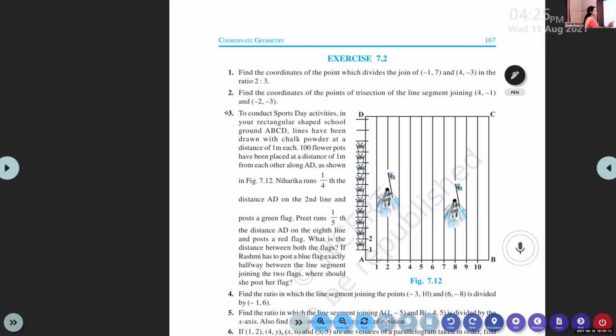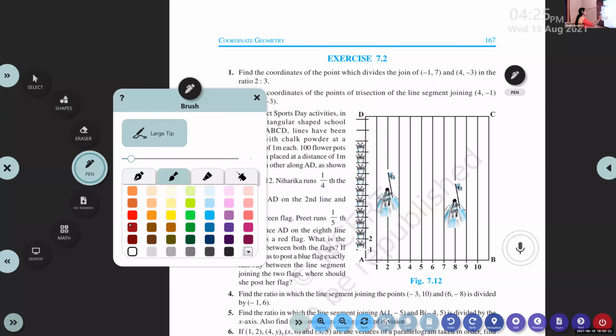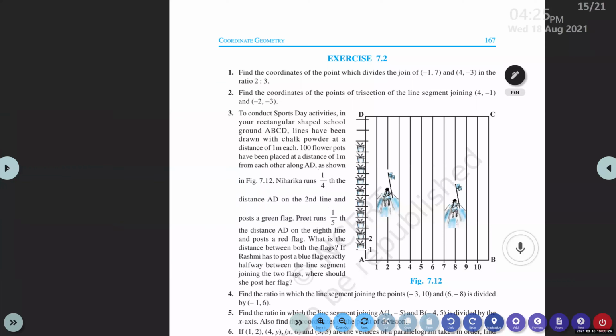We are not starting from 0, from 1 only we start. So the distance AD is 100 into 1, it is 100. So AD is 100 meters.